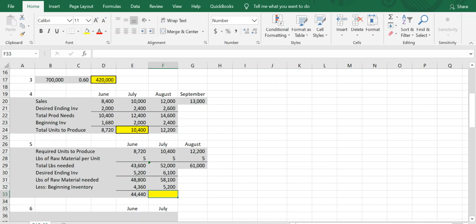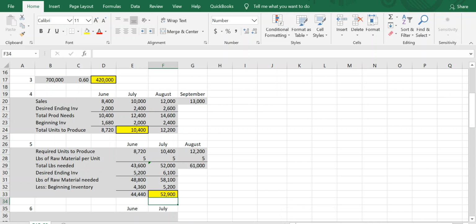And we say, okay, this is going to be 58,100 minus 5,200. So we get a total raw materials needed for production in July of 52,900. So that's our answer to number 5. That's what we need to purchase in July.